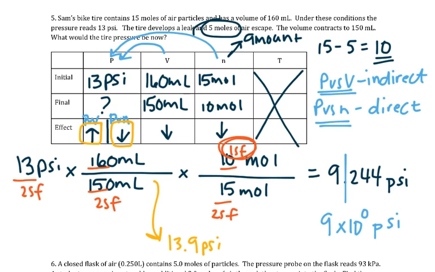According to the relationship, pressure should go up based on the volume, which in fact it did, but because of the amount of moles in that relationship, when we go that one step further, that's why we get this number, which fits with that arrow that we see the decrease.